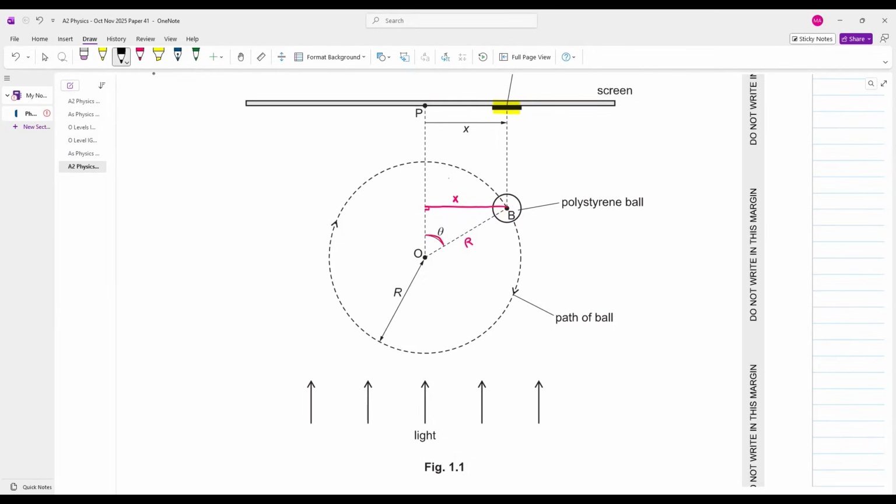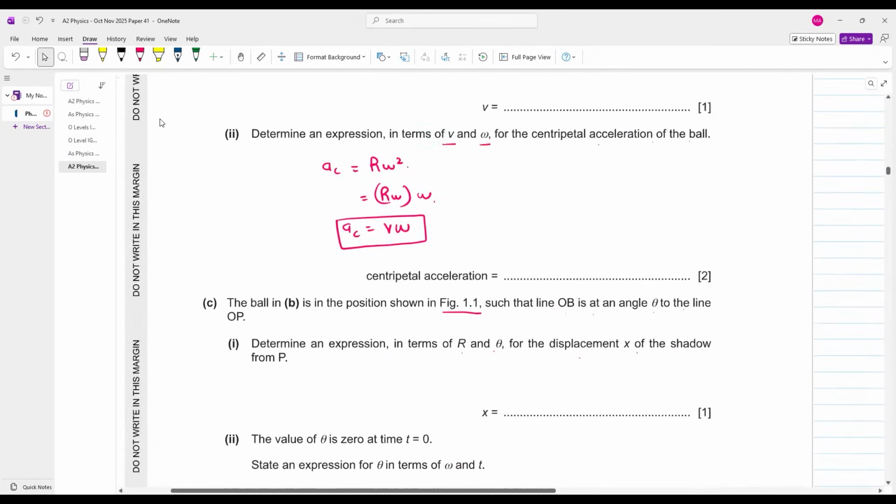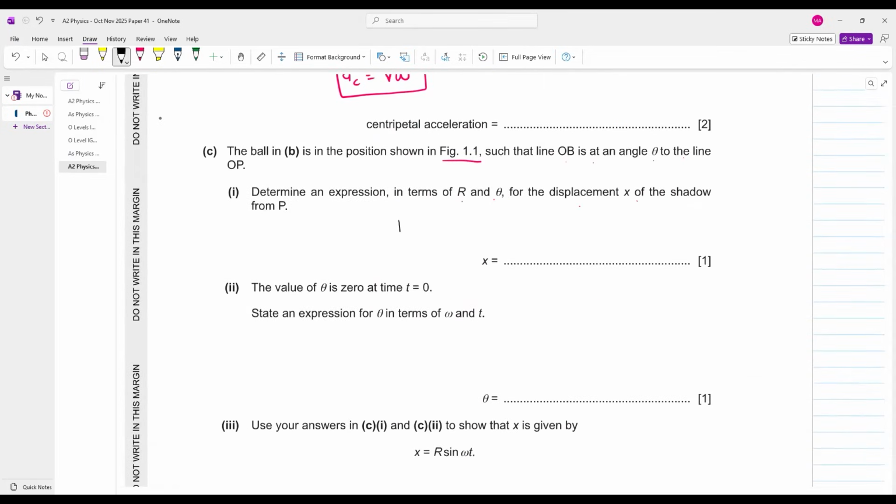This is your perpendicular, this is your hypotenuse. Sine theta is equal to perpendicular, that is x, divided by the hypotenuse, that is r. So r sine theta is your value of x.